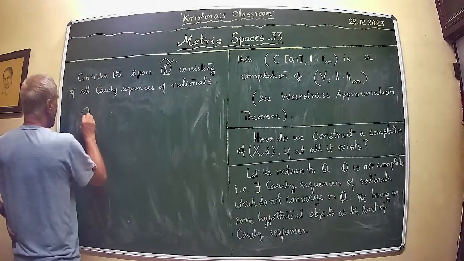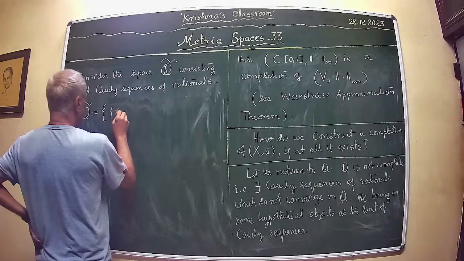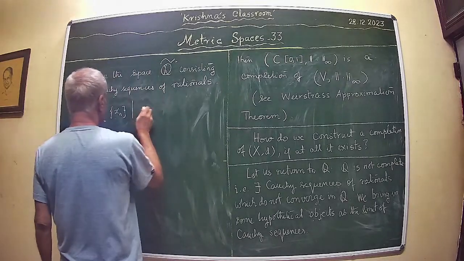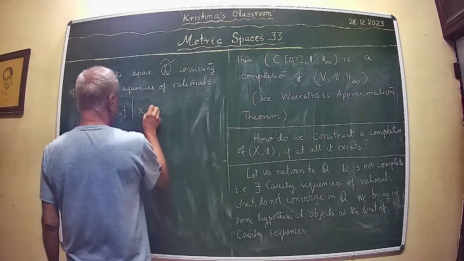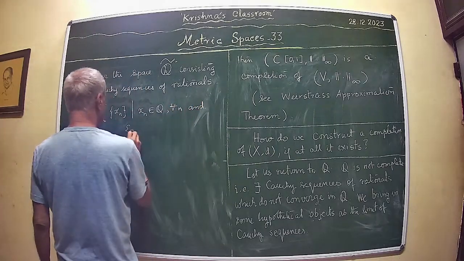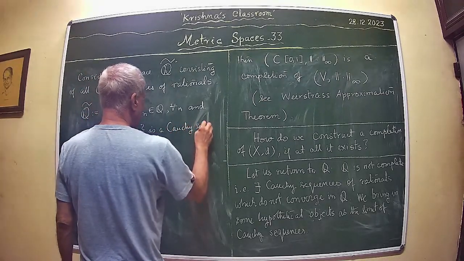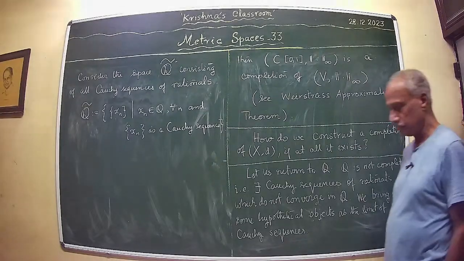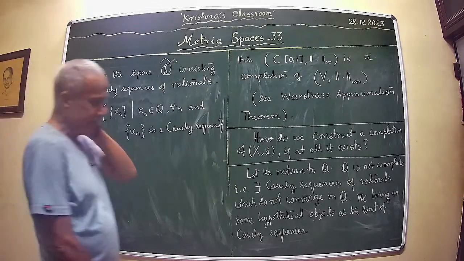That means the set of all the collection of (xn) where xn is rational and (xn) is Cauchy. And now we reflect back.